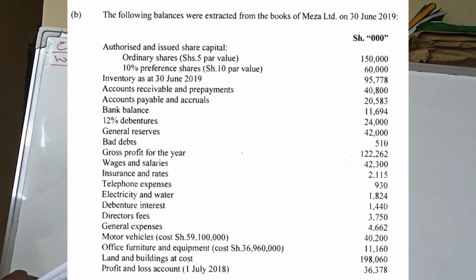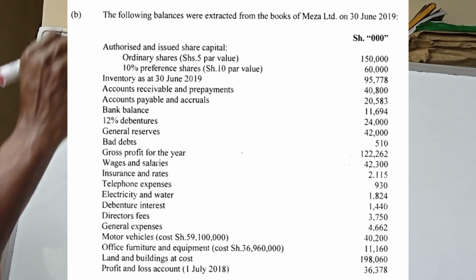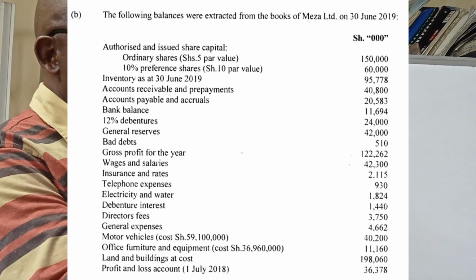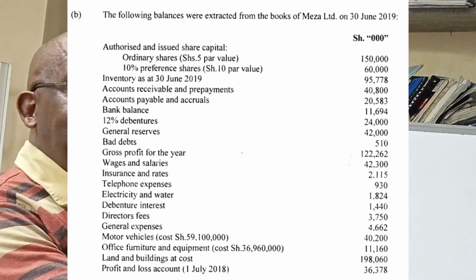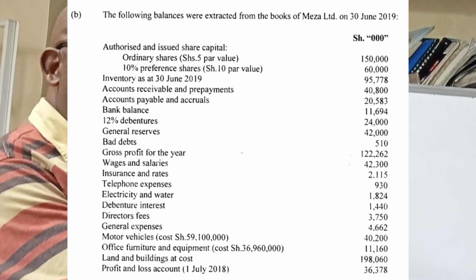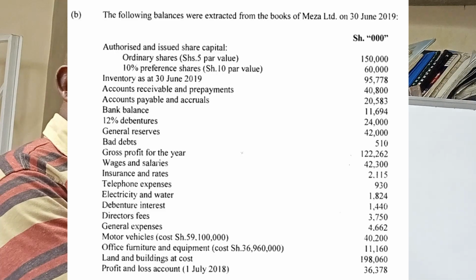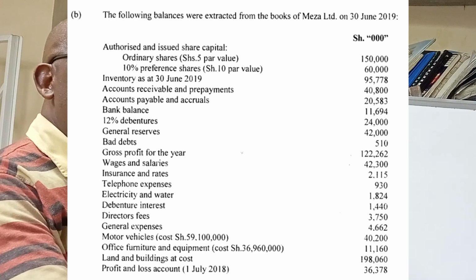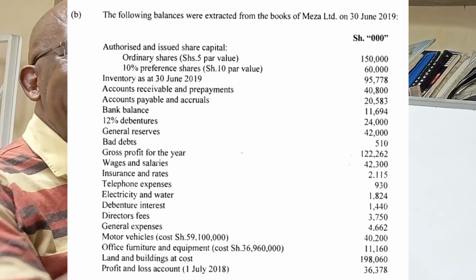I gave this question to our students, and some of them still wanted to look for sales, less return inwards, get net sales, less cost of goods sold, opening stock, add purchases, cost of goods available for sale, less closing stock, cost of goods sold, subtract from sales to get gross profit. He has done that for you.